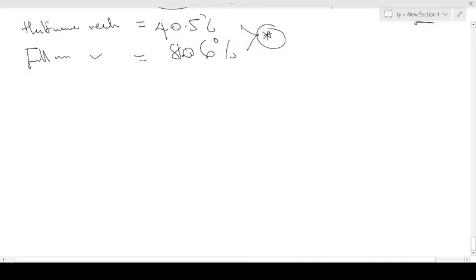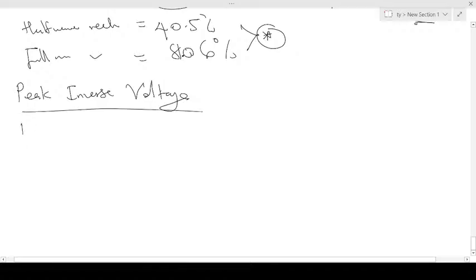Now let's move on to peak inverse voltage, which I defined when I was talking about half wave. I defined peak inverse voltage as the minimum amount of reverse bias that our diodes will be exposed to.